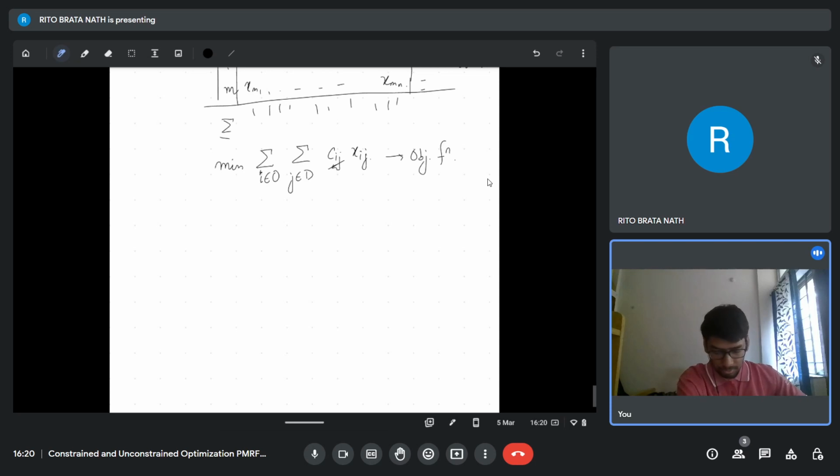So that's all about this transportation problem. Now, you know that you can express it in terms of a table. So let's express this. So this is the transportation problem.